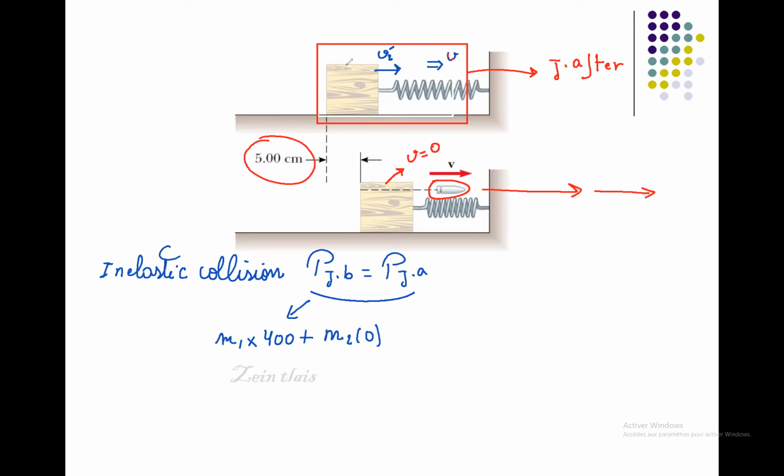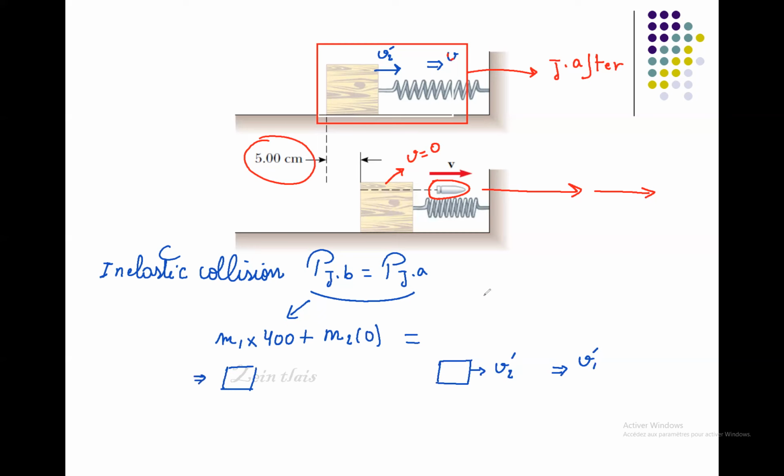So now I take just before and just after. Just before, we have the block and the bullet. Just after, the box is moving with V2 prime, and the bullet is moving with V1 prime.